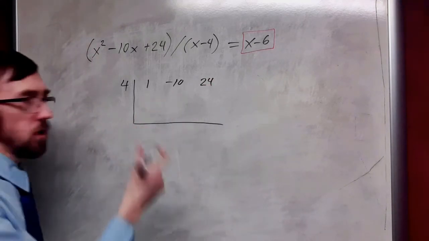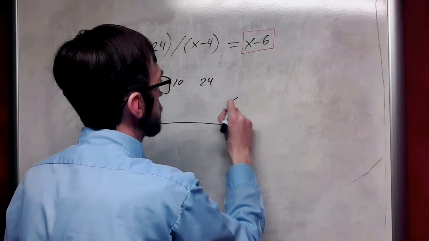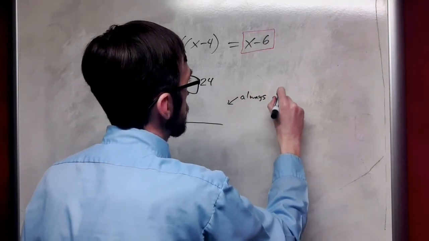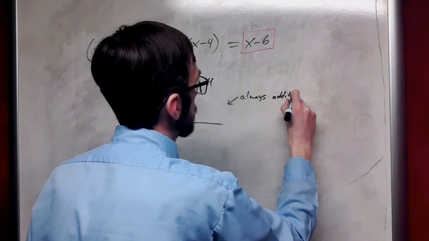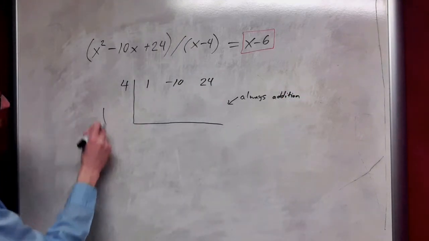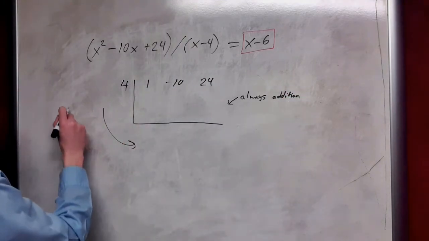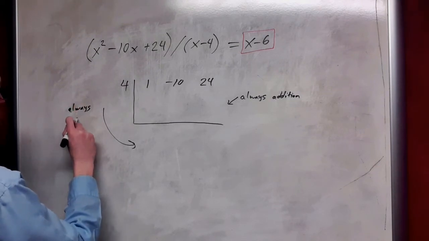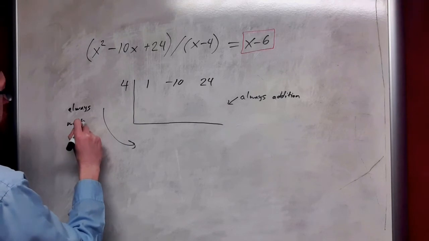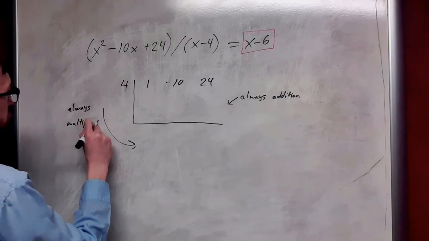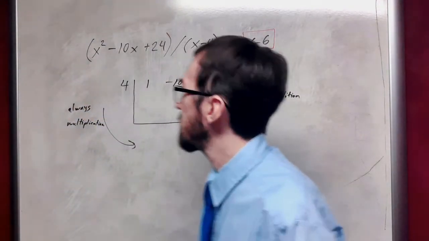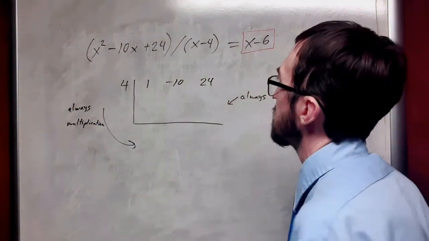Inside the bracket is always addition. And outside the bracket, coming around the side, is always multiplication. We always have a default 0 in here also with this first position.